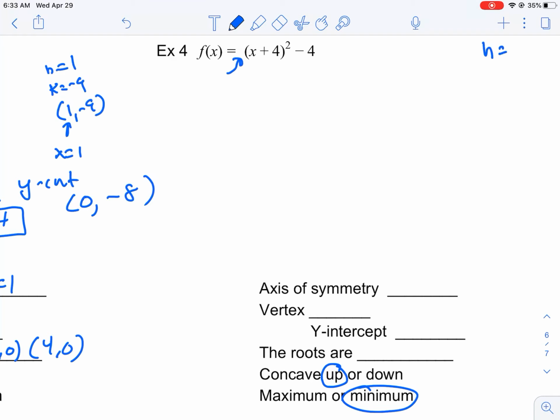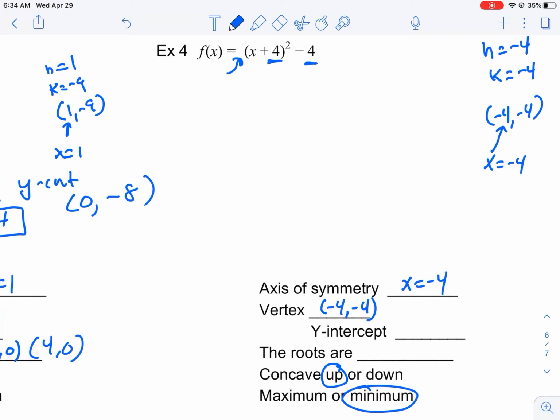The h, what's the h? The h is here, but we do the opposite of it. The k is here, so that's negative 4. We keep the same. So the vertex is (-4, -4). So let's put that in. And then we know the axis of symmetry is just the x value.